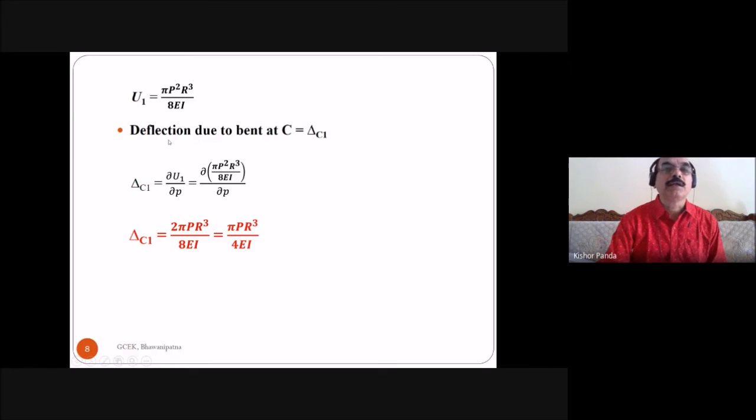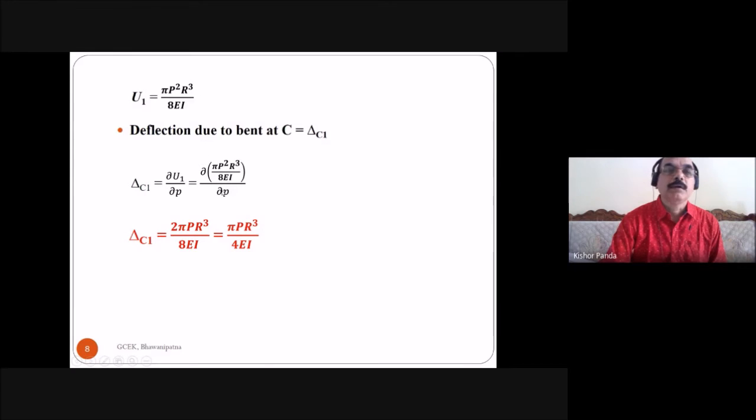Then you have to find out what is the deflection. So the deflection due to this bent portion is equal to del U1 by del P. This is the partial derivative of strain energy with respect to the force, if the displacement is along the direction of the force. So you know U1 is equal to pi P square R cube by 8EI.